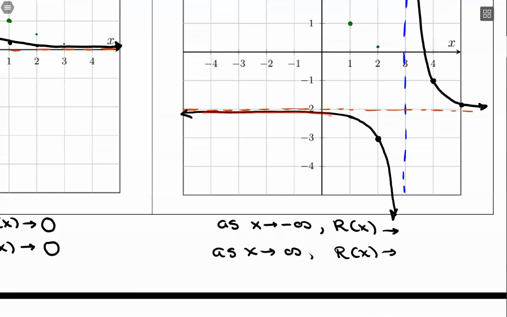Well, it's getting closer and closer to this output of -2. So our function's approaching -2. And on the right-hand side of the graph, as x is getting larger and larger and larger, our outputs for our function are getting closer and closer to that horizontal asymptote, which is at -2. Just approaching it from 2 different sides.